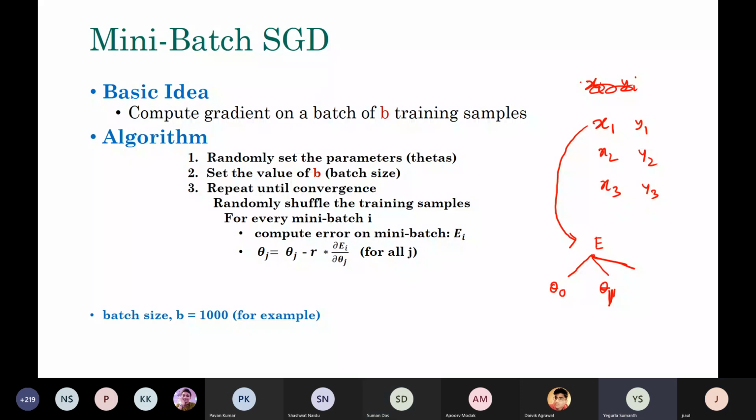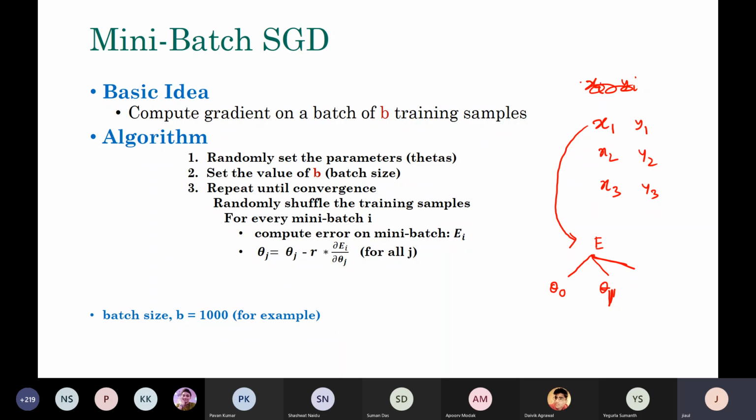Sir, I just want to verify if I'm getting it right. In batch gradient descent, if we are calculating for one particular theta j, our error function will consist of all the training examples, right? So let me put things in context.